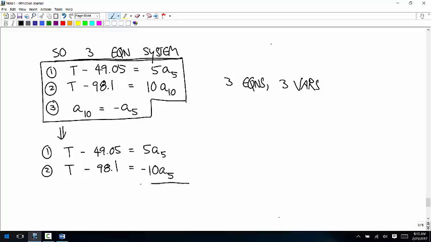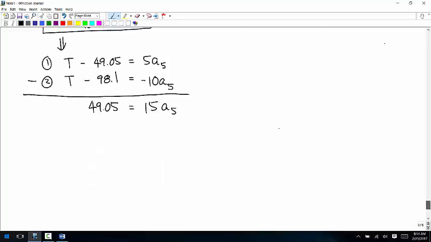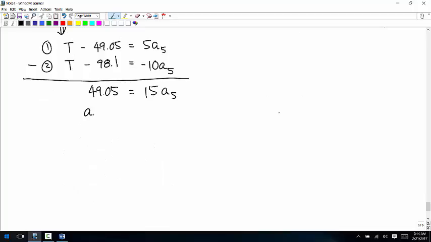And then I'll subtract these 2 equations, and you get positive 49.05 is equal to 15a5. And so a5 is equal to, what's 49.05 divided by 15? 3.27? 3.27 meters per second squared.